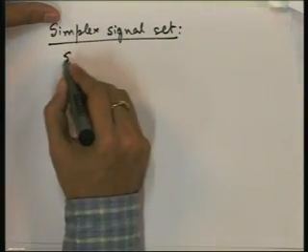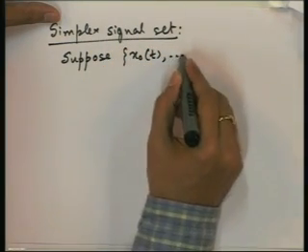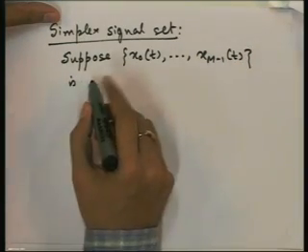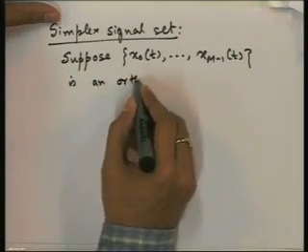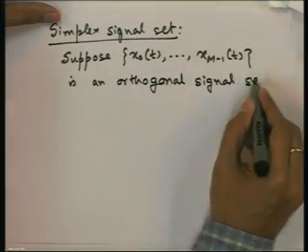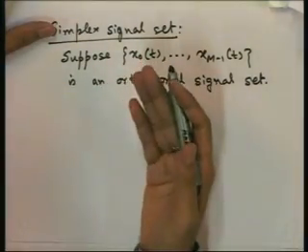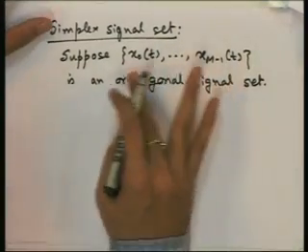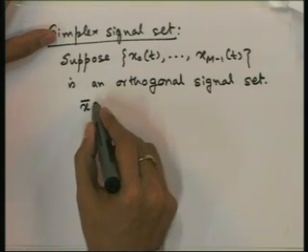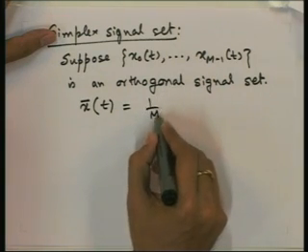So, what we do is simple. Suppose we have an orthogonal signal set. Then, just like we did for the 2-dimensional and 3-dimensional orthogonal signal sets, we will do the same thing here. In general, we will first find the average of all these signals, that is the centroid, which is 1 by m times the sum.